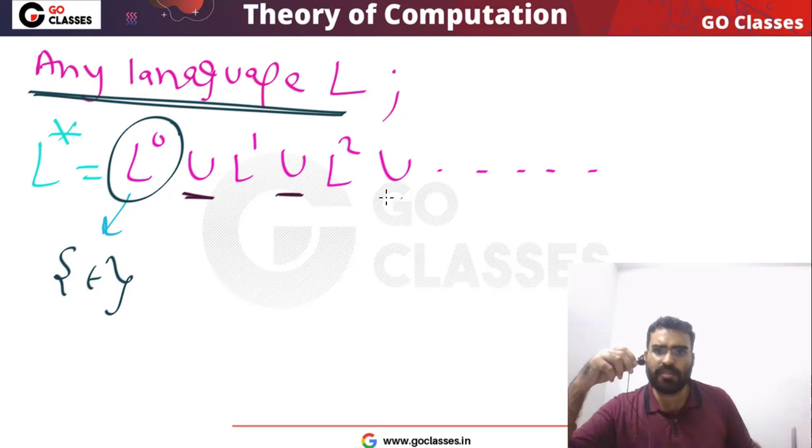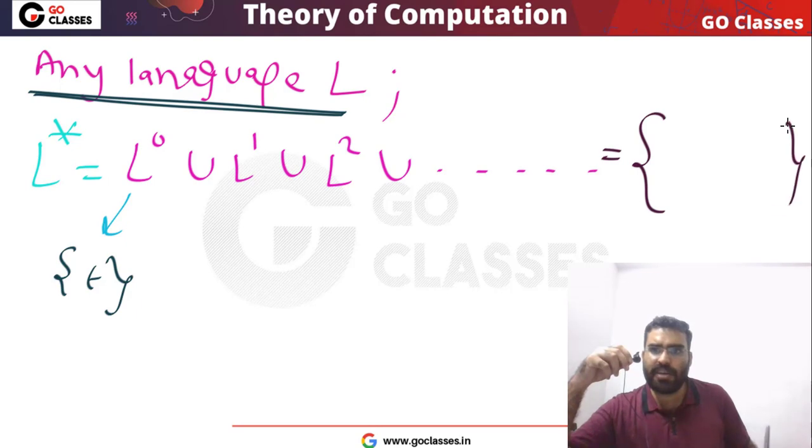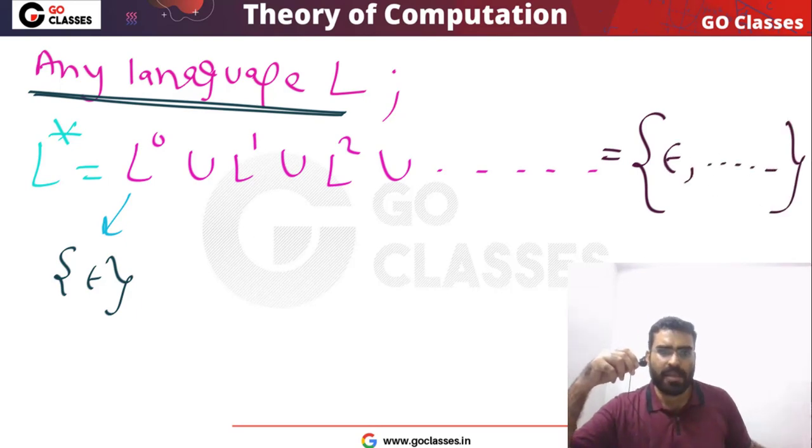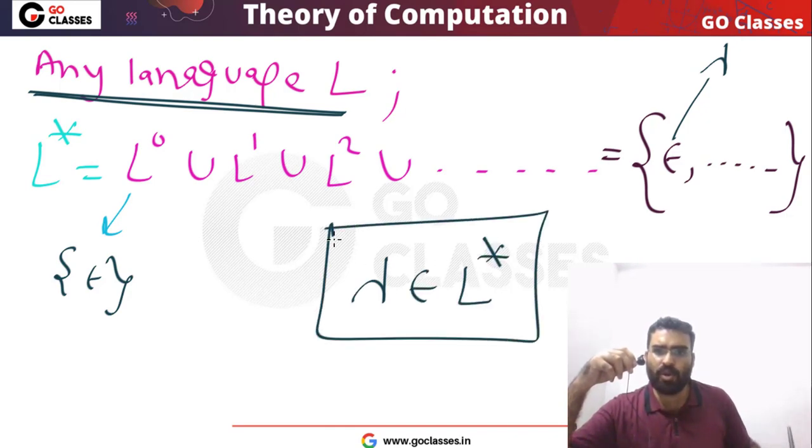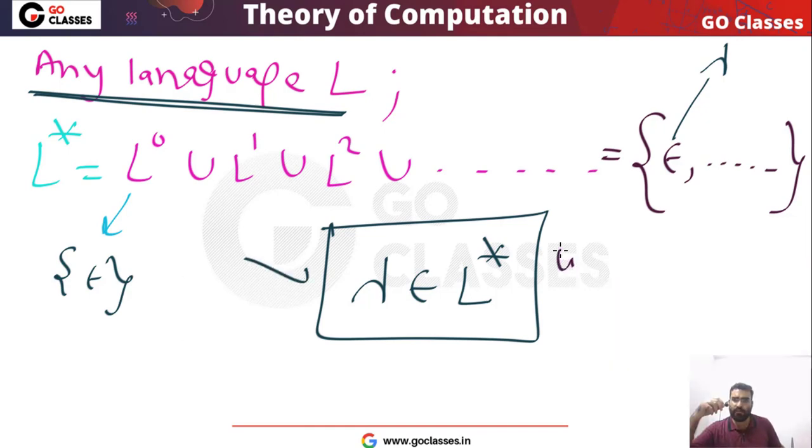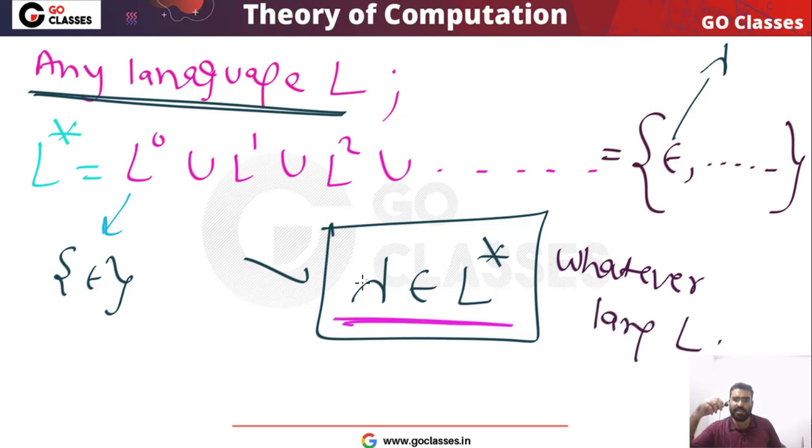So when you take the union, the empty string will be there in L star. Let's call the empty string lambda. So this empty string definitely belongs to L star, whatever language L you take, by the definition of L star.